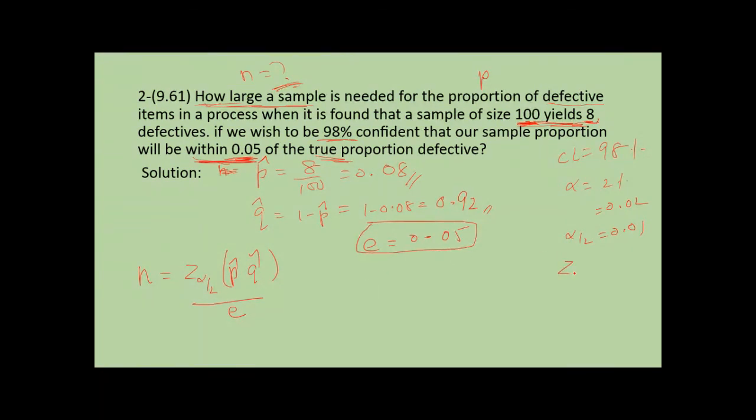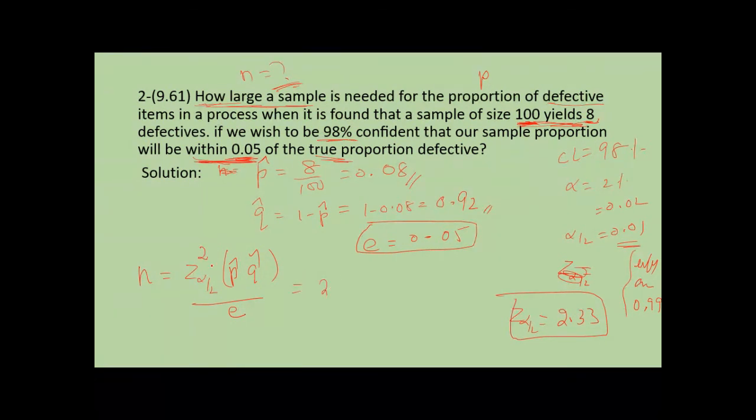Substitute all the information. So find Z alpha over 2 from the table. The right side area is 0.01, the left side area will be 0.99. So for this area, what is your Z value? Z alpha over 2 from the table is 2.33. Check your table. Substitute all that information here.